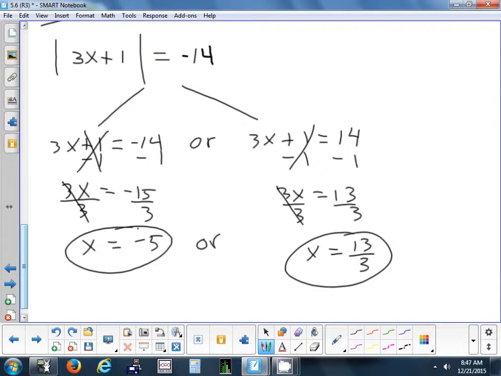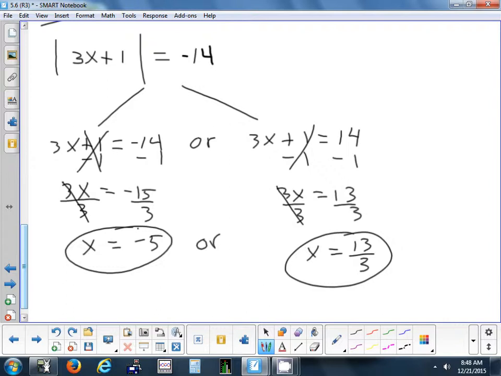All right, let's check our answer and see what happens. Let's start with the one that's not a fraction, because that's easier. Okay, but we've got to make sure we do our arithmetic right to check this. Zach, what's 3 times negative 5? Negative 15. Yeah, good. Negative 15 plus 1?